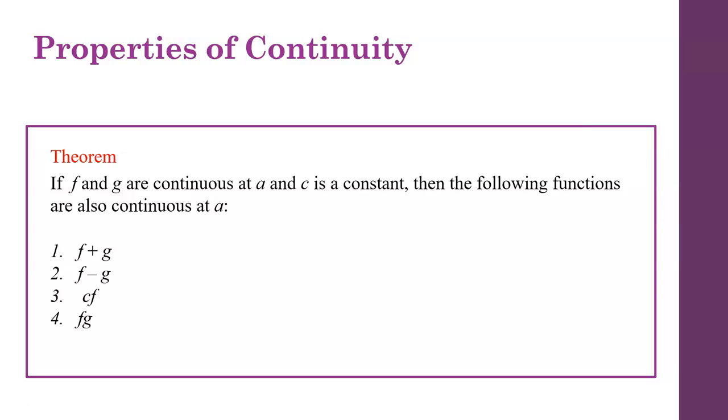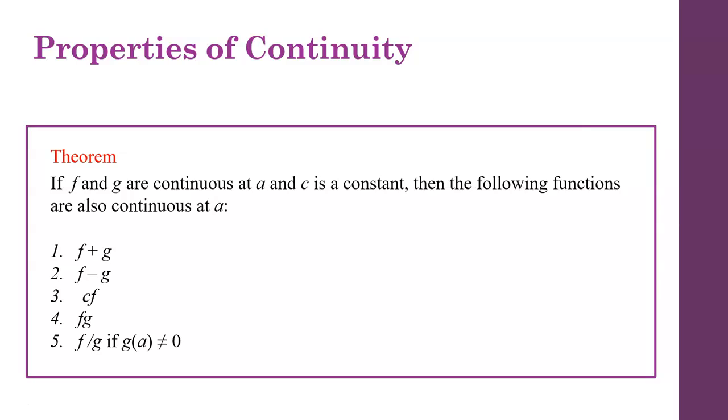The product of two continuous functions remains continuous, and the quotient of two functions is continuous as long as the denominator is not equal to 0. Right? So if g of a is not 0, I can divide two continuous functions and the quotient remains continuous.